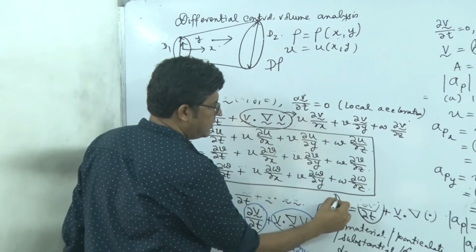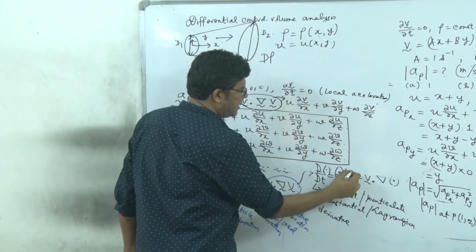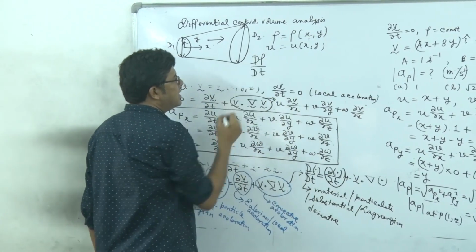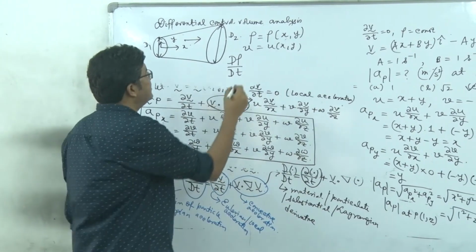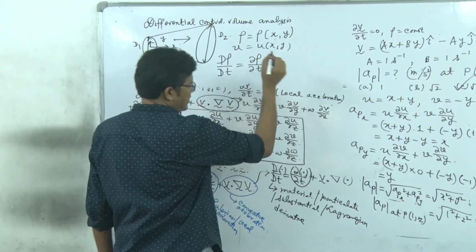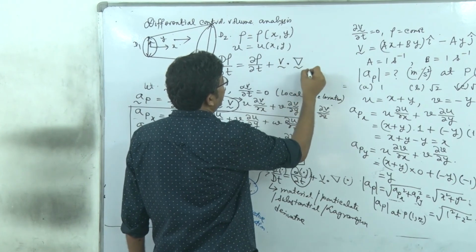So capital D rho Dt is basically the rate of change of the particle's density, and that will be equal to del rho del t plus V dot grad of rho.